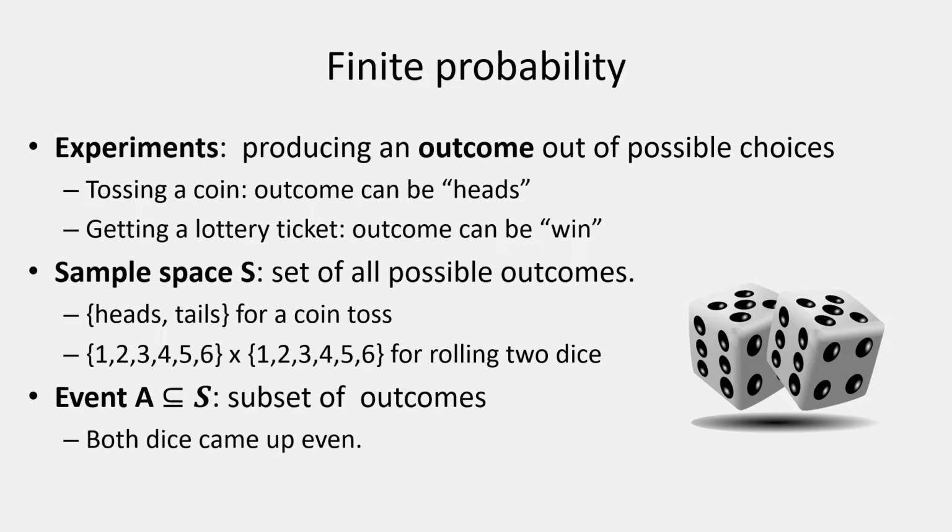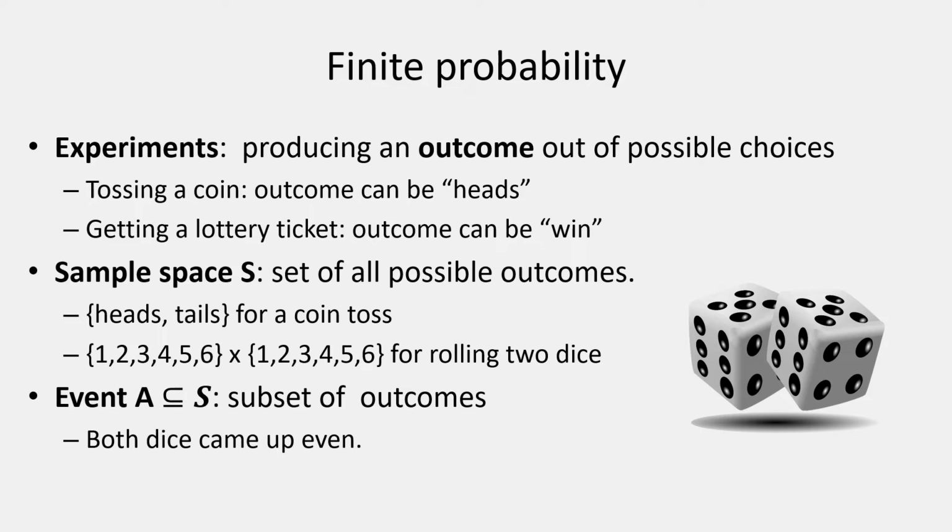And another word that you hear in probability a lot, an event, is a subset of outcomes. So an individual outcome can still be an event, a set of size 1, but an event is a little bit more general. For example, an outcome from rolling 2 dice can be that the first die came up 3 and the second die came up 6.